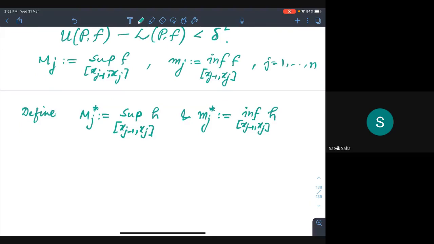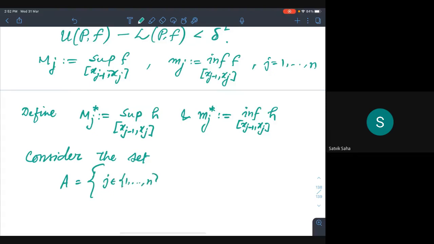Now consider the following set A. The set A consists of j belonging to 1 up to n such that Mj minus small mj is less than delta.